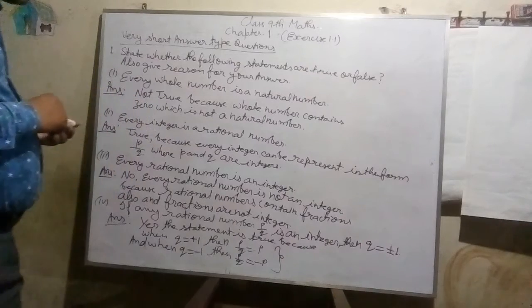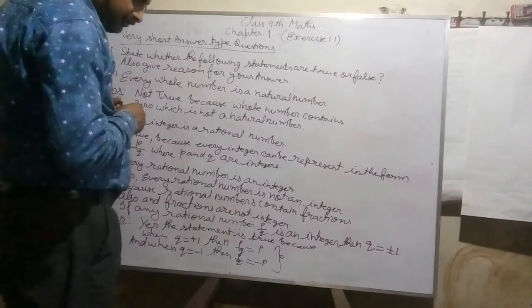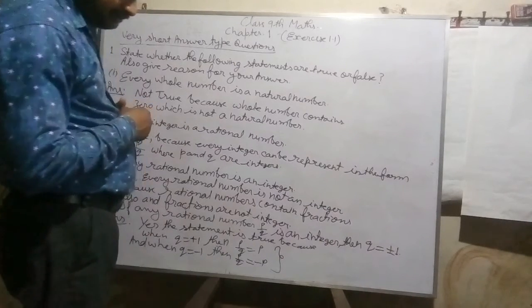Second question: write the following integers in the form of rational number p by q.